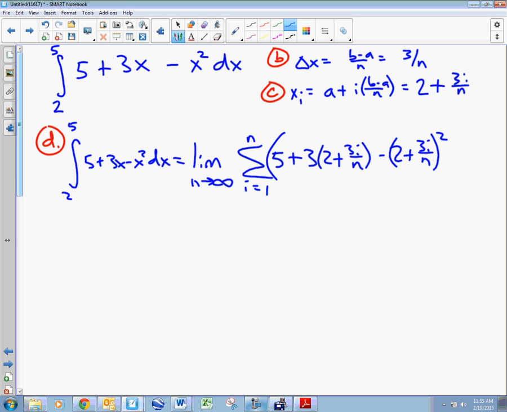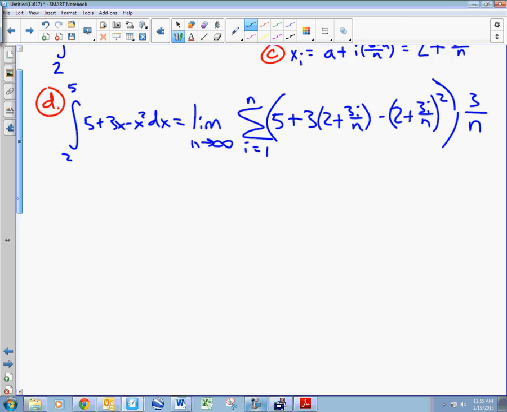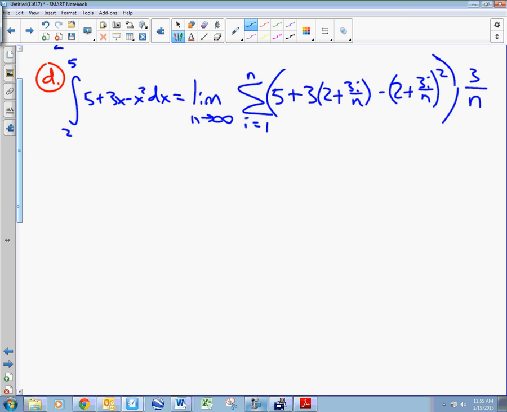All of that, and this is a mistake that people make sometimes, we want all of that times 3 over n. No easy way to do this one, just gotta work it through.